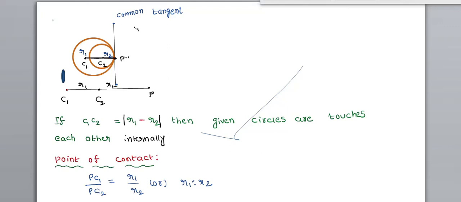Next. So observe the formula, internal center of similitude. Okay.